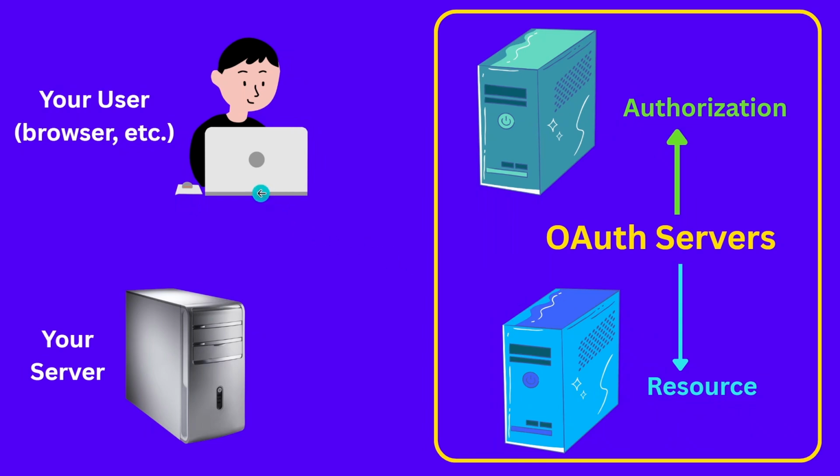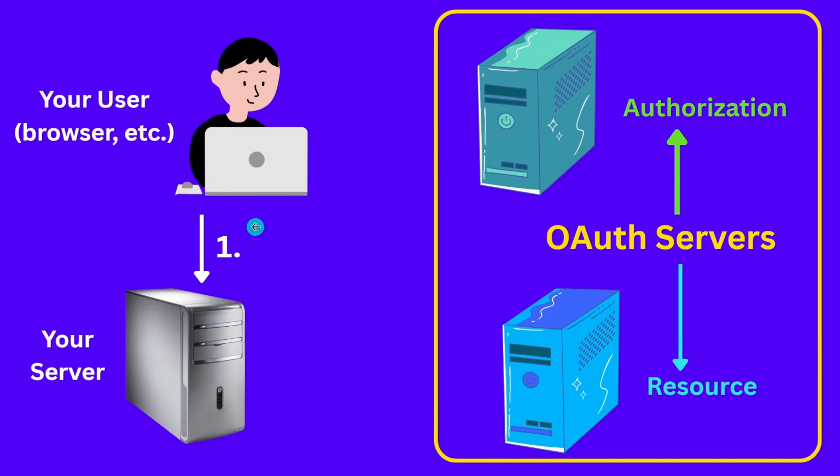So now in the OAuth authentication procedure, the first thing that initializes the whole process is that the user is going to make a request to our own server, telling our server that, oh, Mr. Server, I want to authenticate with Google, or Mr. Server, I want to authenticate with GitHub.